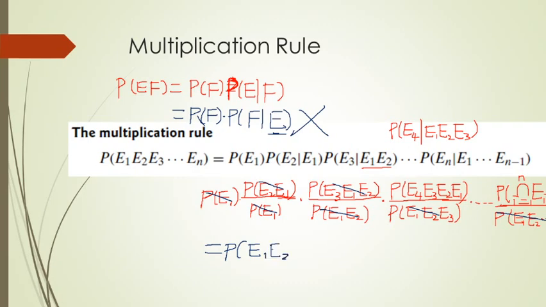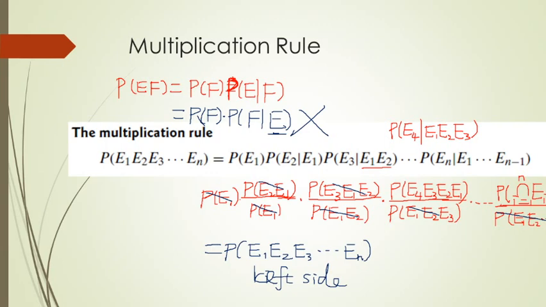You can expand it this way, and that equals the left side. So it's pretty easy to verify that. This is called the multiplication rule, and this one is just the intersection of two events, rewriting the conditional probability, okay?